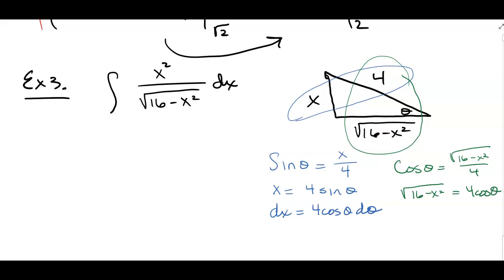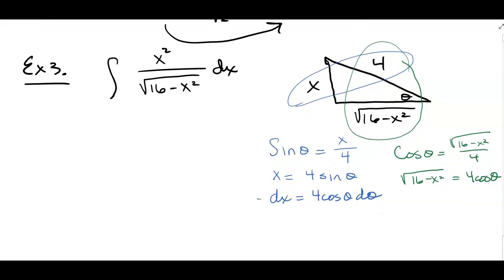Let's make sure we have everything we need to sub out. We have a dx, no problem. We have our radical. But now we need an x squared, and that's simply going to come from our x. So we're good. We can do everything.